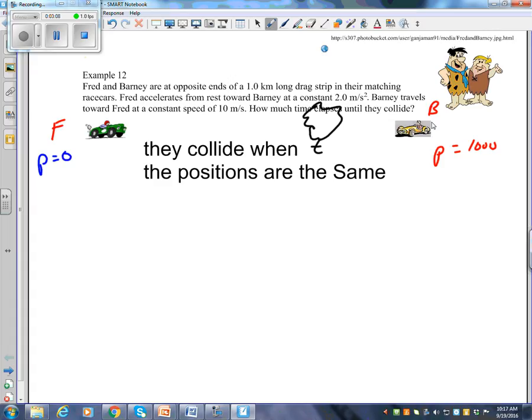Okay, here's the part where I have to make sure I check this. Sometimes I get off on the wrong tangent here. Position Fred, 0.